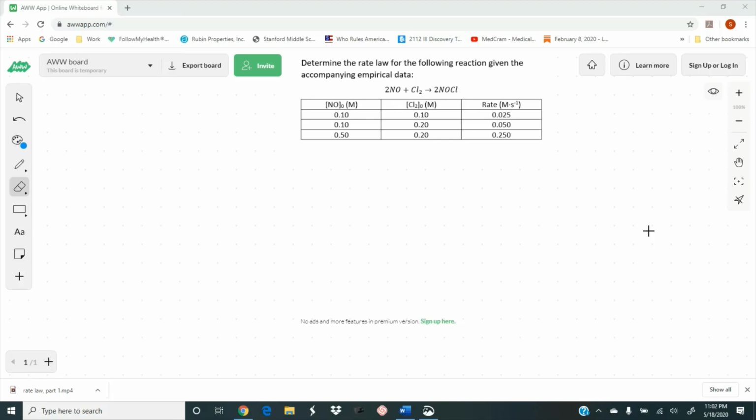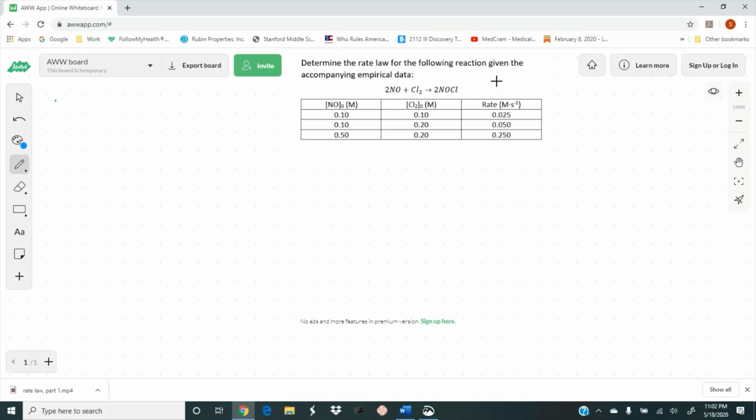Okay, so let's go ahead and try a problem like you would get in a homework assignment. I have that problem up here on the screen. This problem says, determine the rate law for the following reaction given the accompanying empirical data.